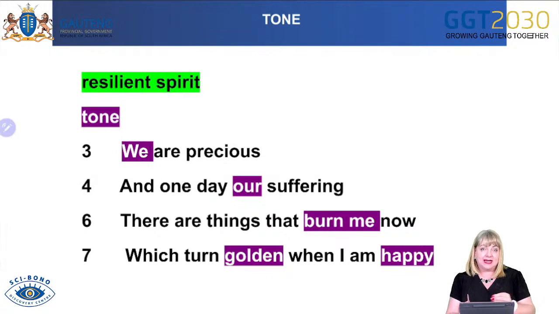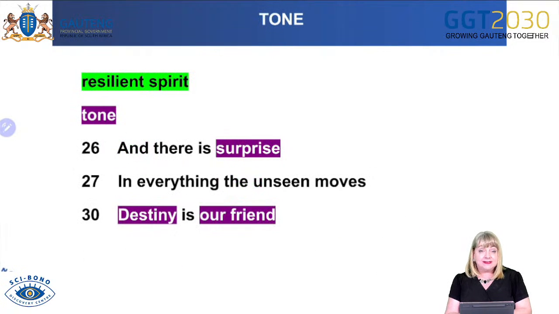This person has got a resilient spirit. These people have a resilient spirit. Other things that we could talk about is surprise, or even that destiny is our friend. So in the poem, we've talked about dreams, a fire for the future, and even destiny, which is something that the poet obviously believes in, but nobody knows what their destiny is.